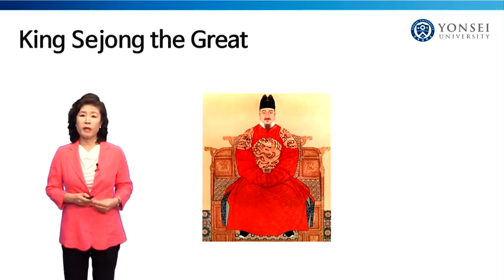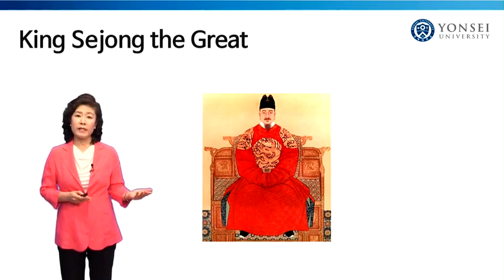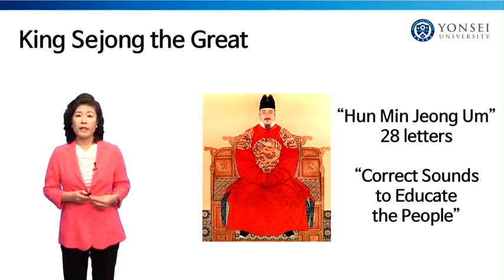Hangul, the Korean alphabet, was invented by King Sejong the Great in the 15th century. Do you know how many basic letters there are in Hangul? Well, in King Sejong's time, when Hangul was created, there were 28.